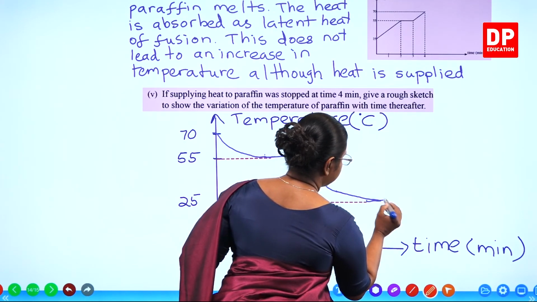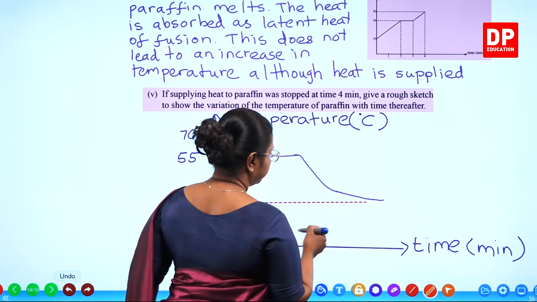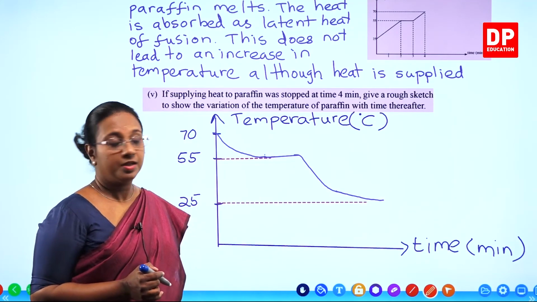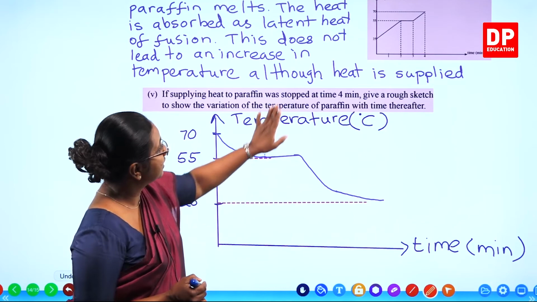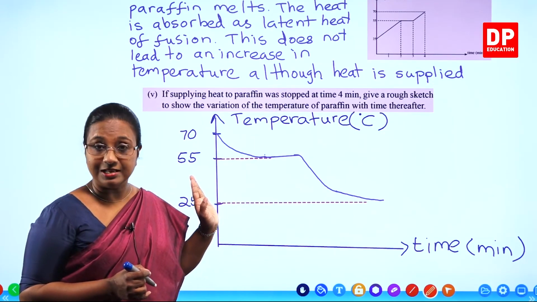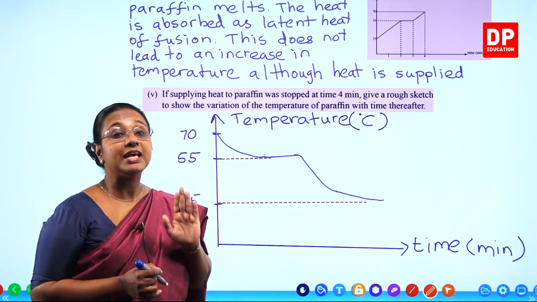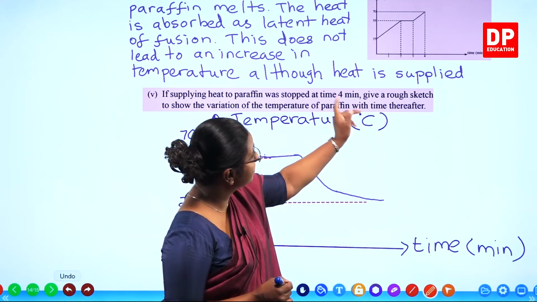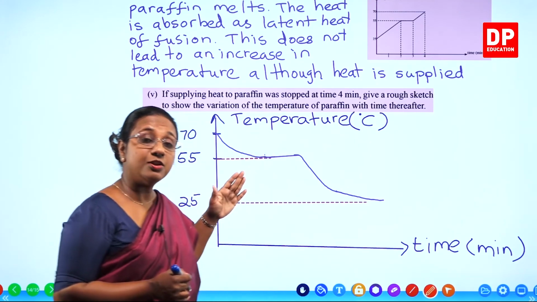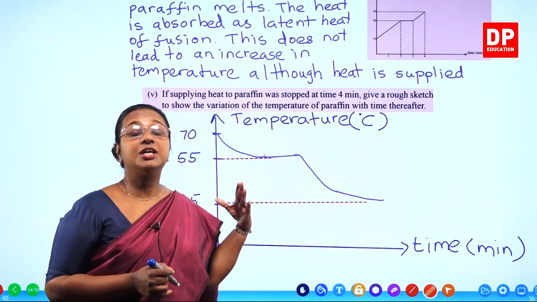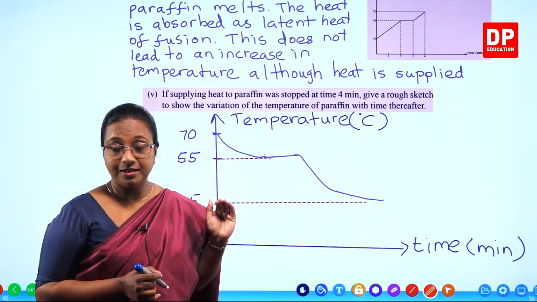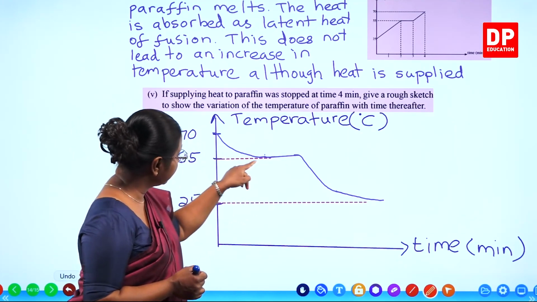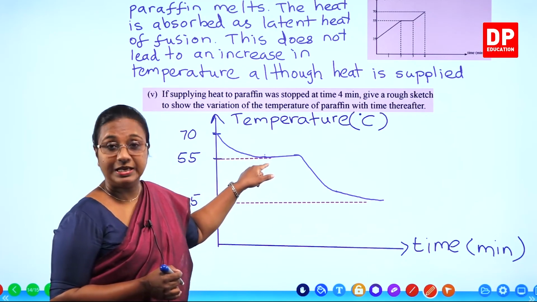So till that point, it will keep on cooling. So up to that point, you can see it cools down. So the difference here: there we get the straight line because we provide heat externally. So the change is fast within 4 minutes, and also the increase in temperature is given by a straight line. But here, since it's a natural process, when there is a decrease in temperature, it's going to be a curve.